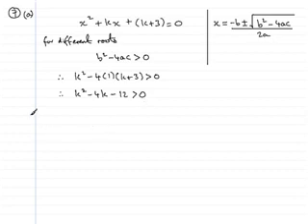Now we go on to solve this quadratic inequality to find the possible set of values of k. To solve a quadratic inequality, what we need to do is factorize it first of all. I'm assuming it factorizes, by the way. Looking at part B, it doesn't seem to give any indication that k would be in surds or anything like that.